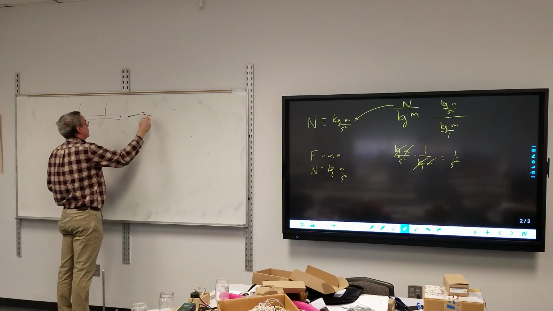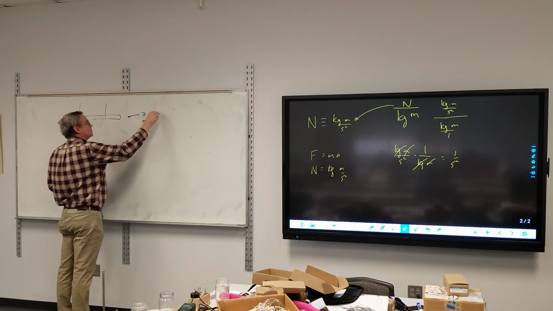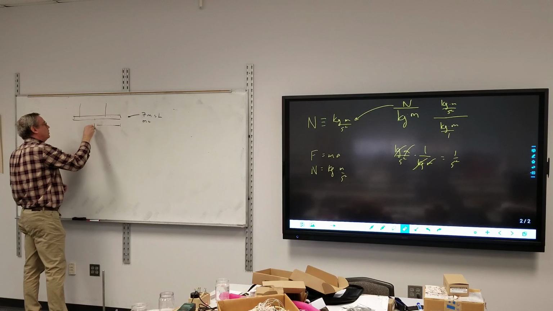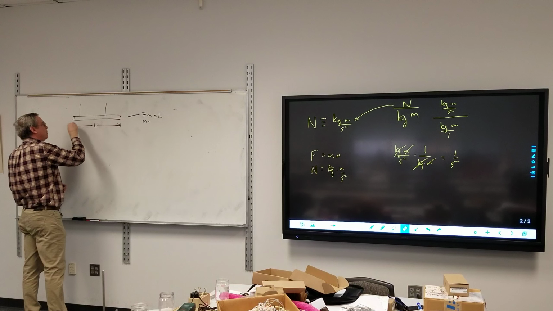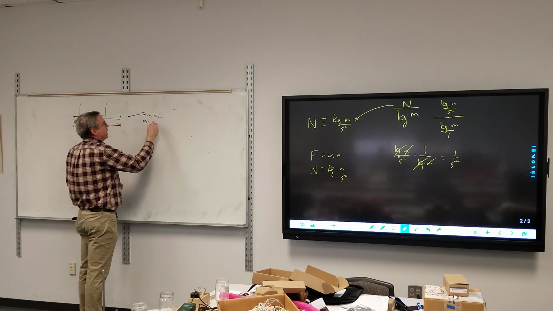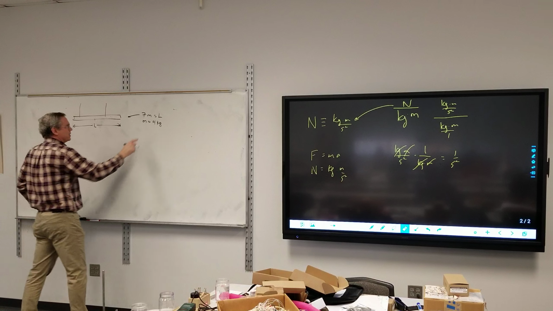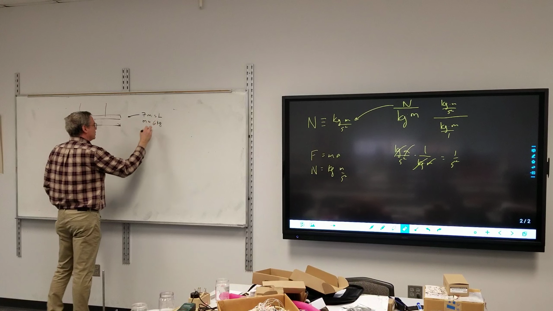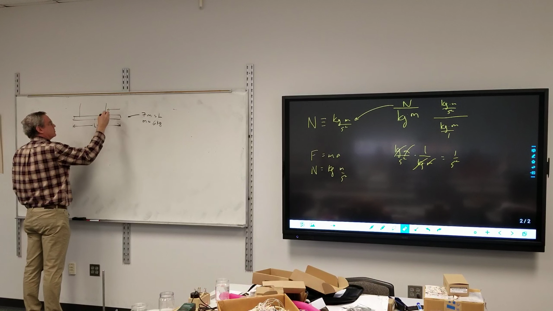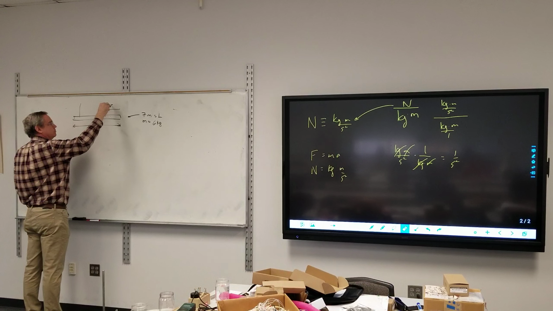We'll keep it 7 meters long. Mass is 4 kilograms. I guess I made it 6 before. Let's keep it the same, so 6 kilograms. We're going to make this distance here 2 meters.